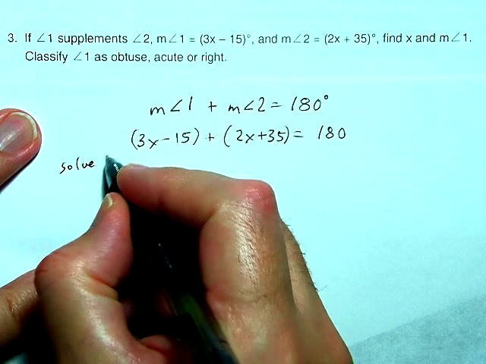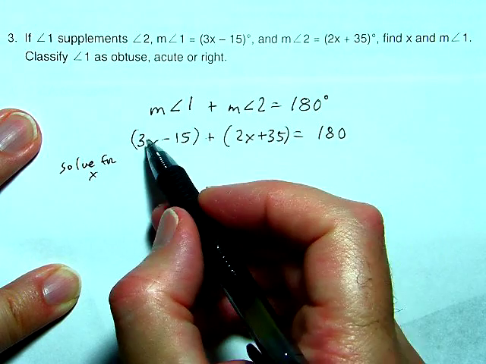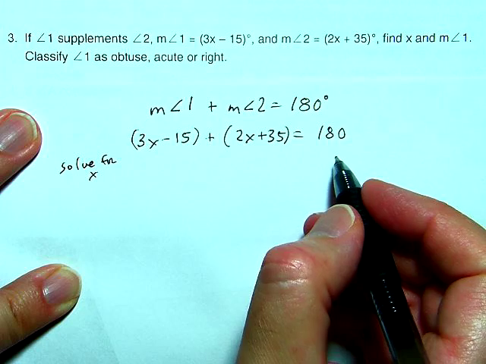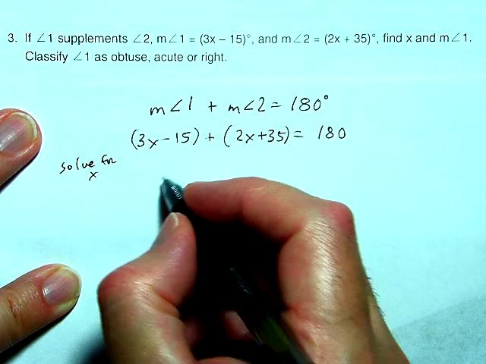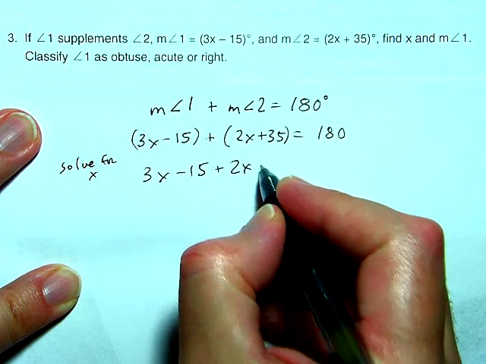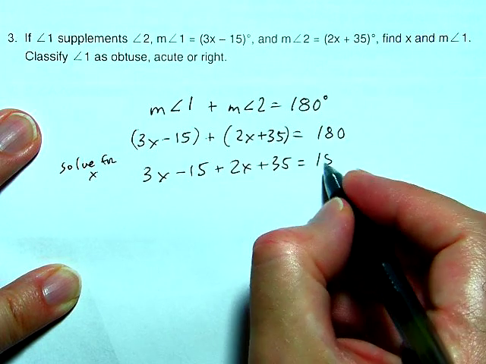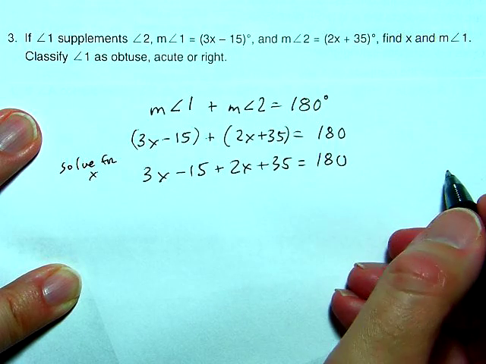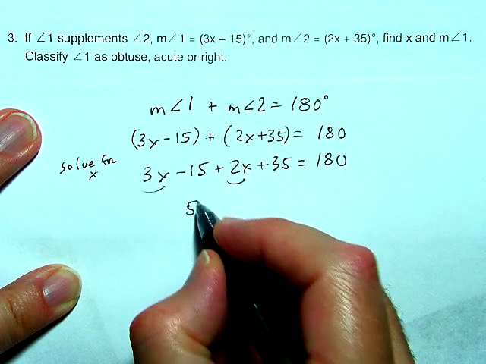Okay, solve for x. Let's go ahead and do that. First we can take the parentheses off of these expressions because there's only an implied number 1 in front of it. So 3x minus 15 plus 2x plus 35 equals 180. We can combine like terms. 3x and 2x are 5x.